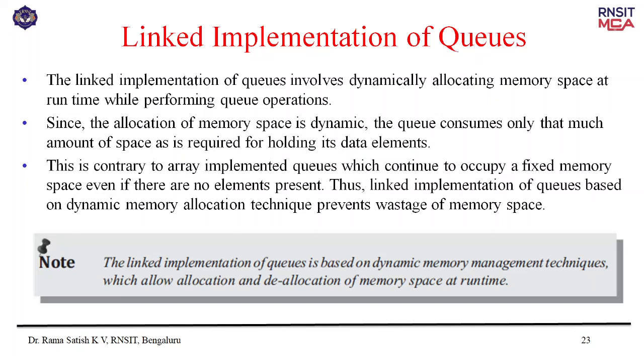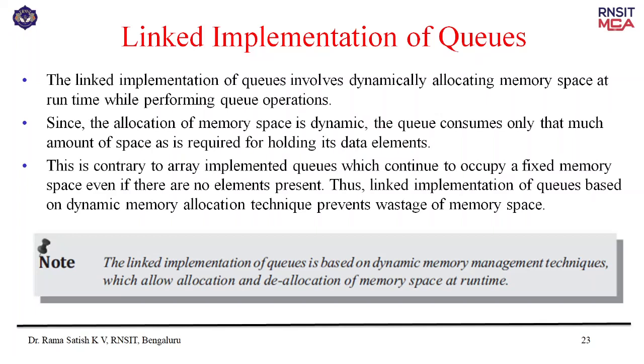So only as much memory as is required is allocated, and if it is not required, immediately that memory is taken away. Since the allocation of memory space is very dynamic, the queue consumes only that much amount of space that is required for holding the data.